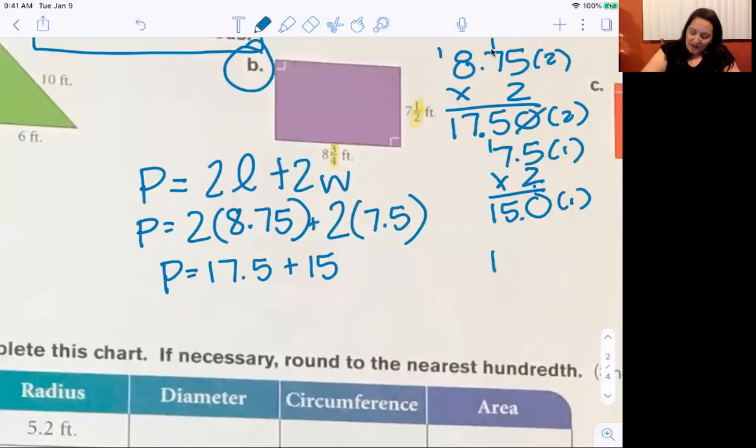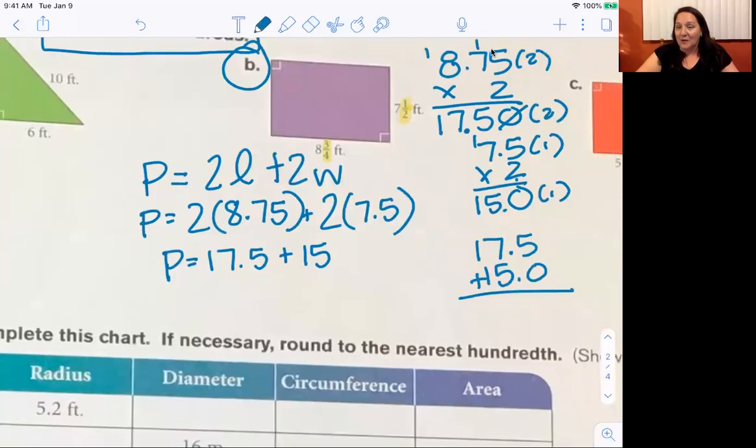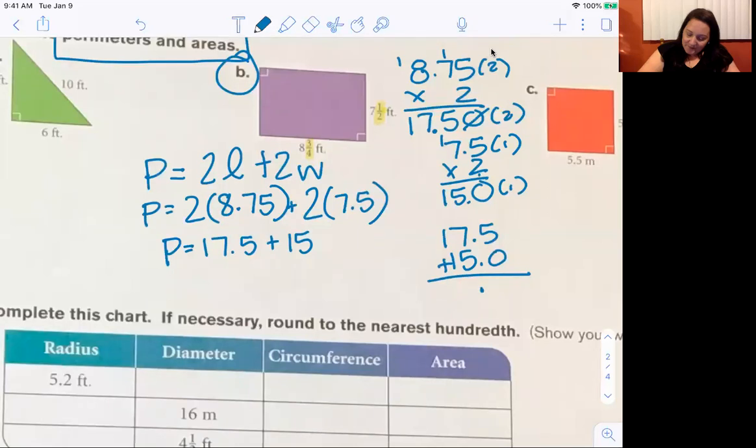So let's do that. Now, guys, some of you might line it up wrong and ask, why can I not add this? It's totally incorrect. And why would it be? You have to line up your place values. So 15 is actually 15 wholes. It's like saying 15.0. Okay? So let's add.